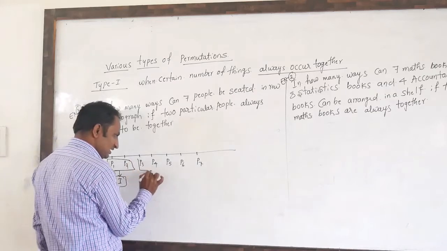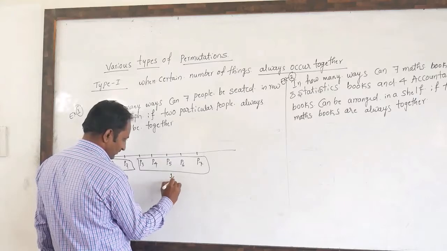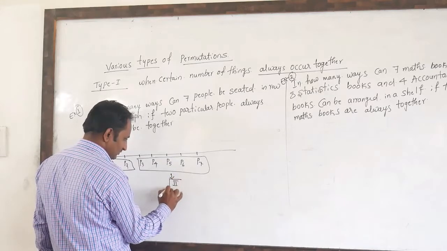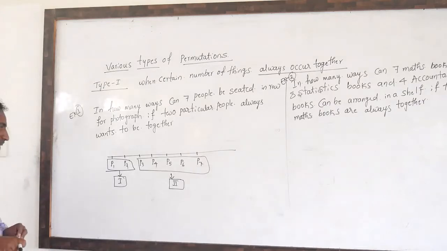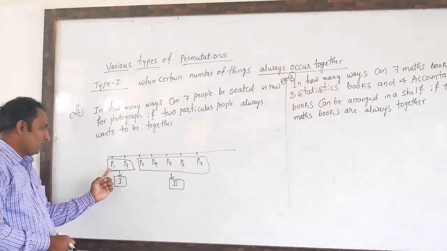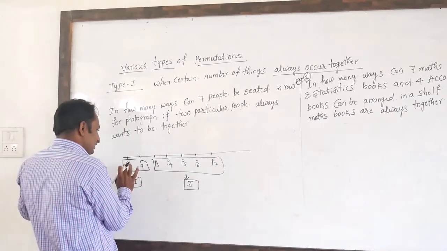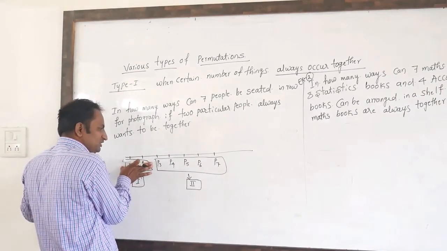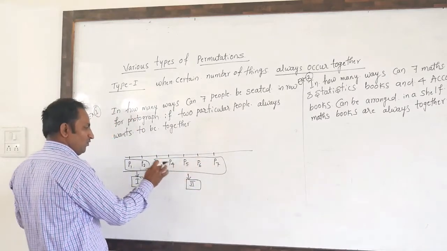Here, this is a type 2 arrangement. Here, 1 and 2: in 1 and 2, this is one arrangement. Here also one arrangement, 1, 2, 3, 4, 5.